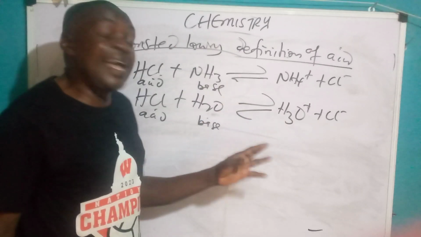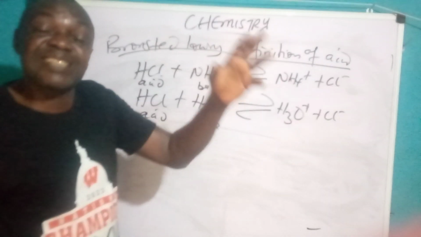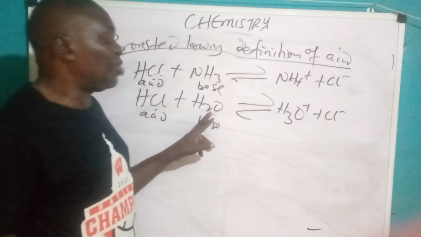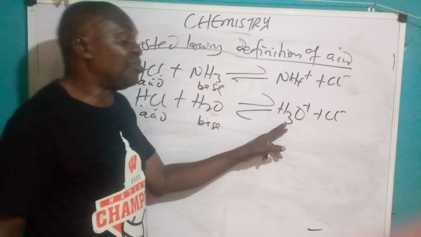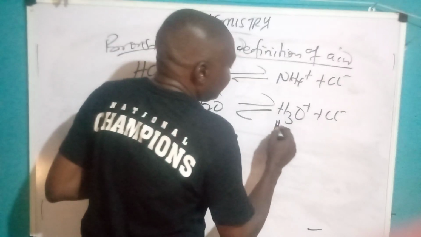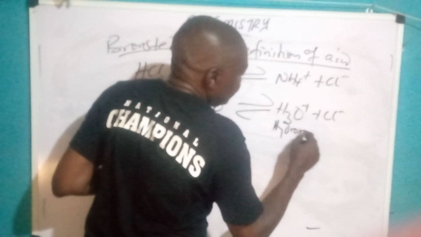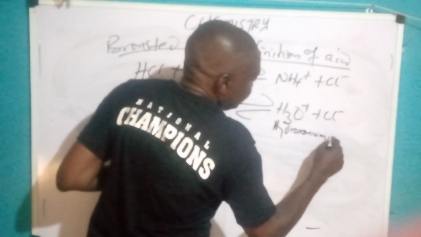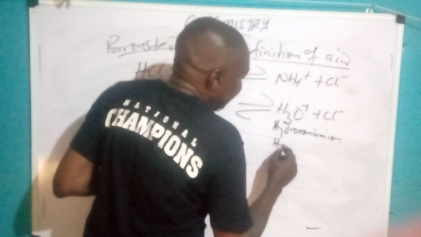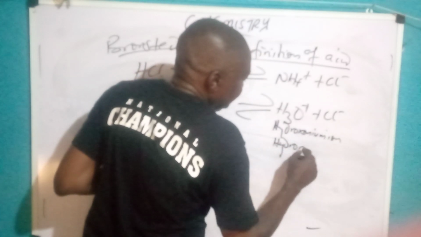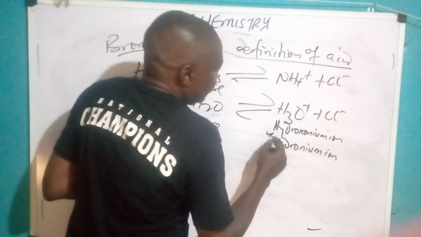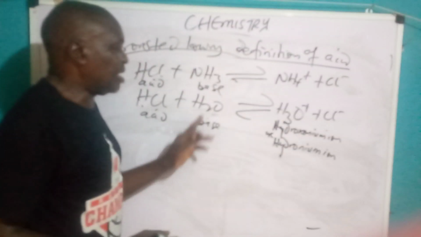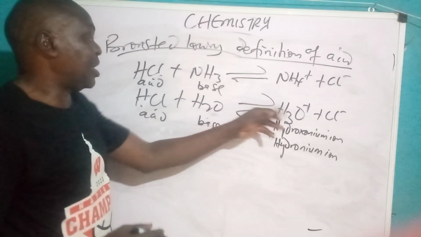According to this theory, any substance that is able to accept a proton automatically becomes a base. So, because you are adding hydrogen to this to form this hydronium ion, or hydroxonium ion, both names are correct. It now becomes a base because you accepted a proton and became that.